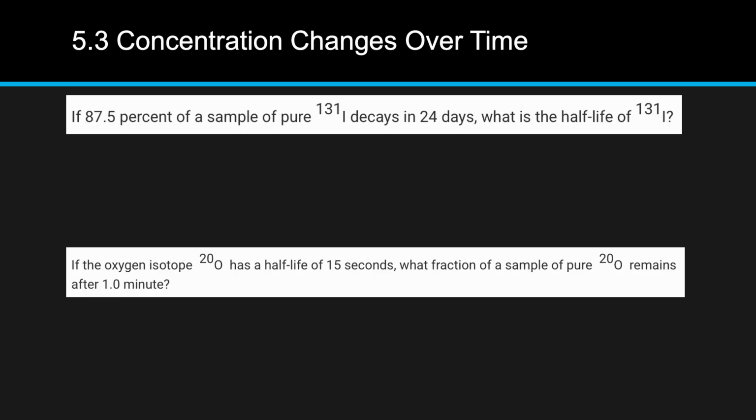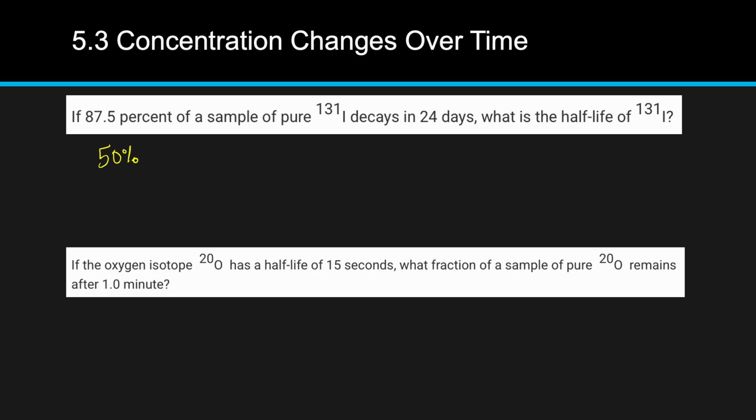If 87.5% of a sample of pure iodine 131 decays in 24 days, what is the half-life? So the way that my brain solves a question like this is I start thinking about how much of a sample is taken away after each half-life. So I know at the first half-life, I am taking away 50% of that sample.